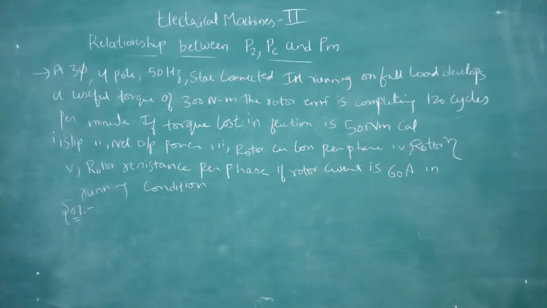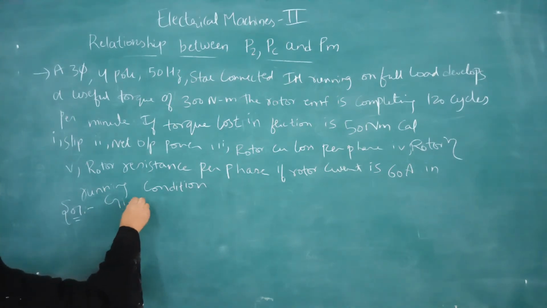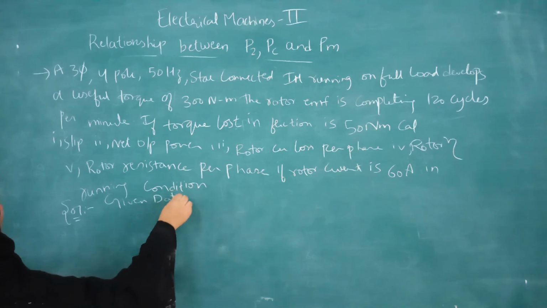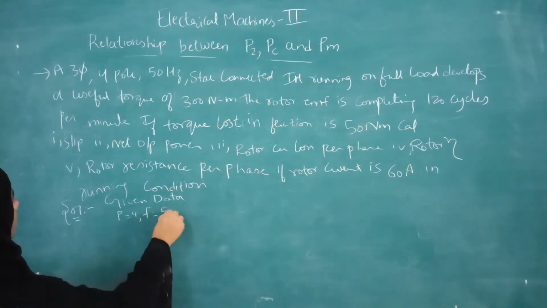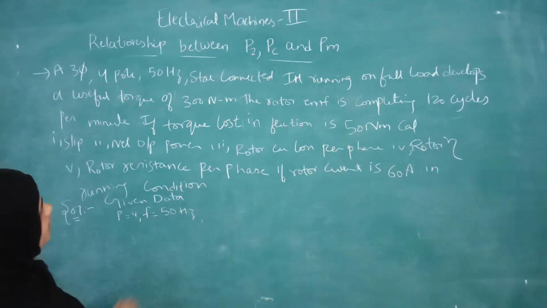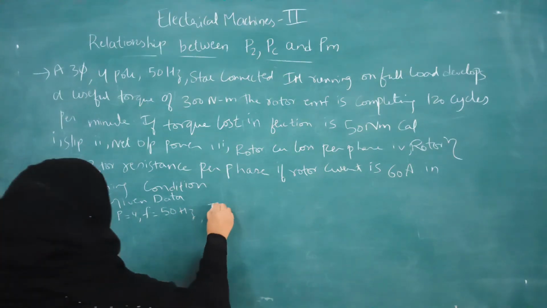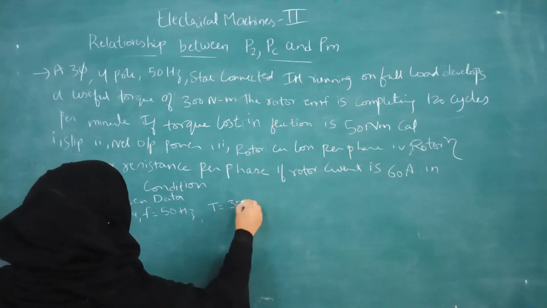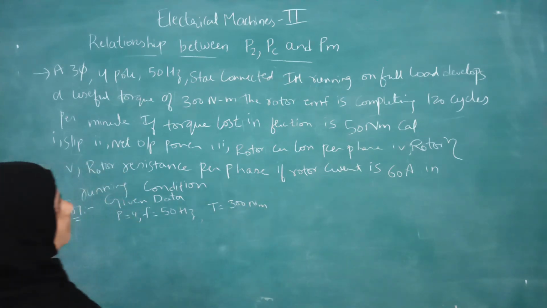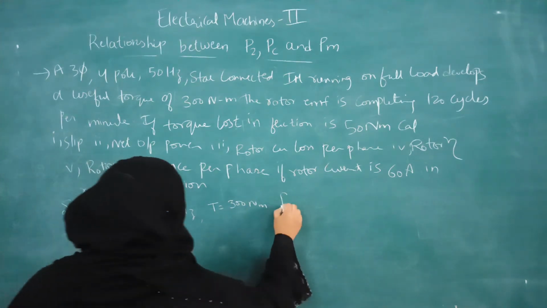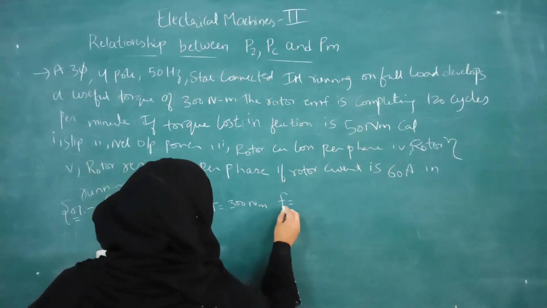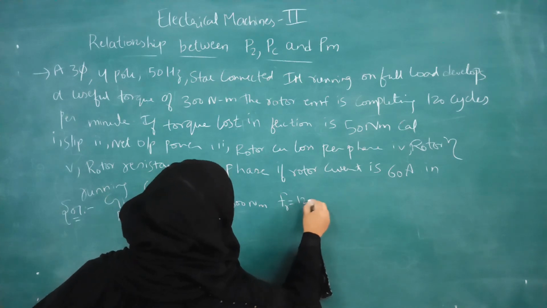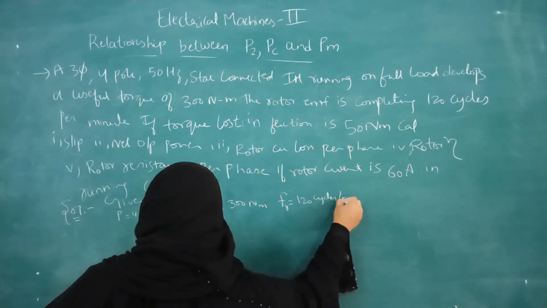So what is the first bit? First bit is we have to calculate the slip. First write the given data. What is given data? P is equal to 4, F is equal to 50 hertz, full load torque is given as 300 Newton meter, rotor frequency Fr is given as 120 cycles per minute.